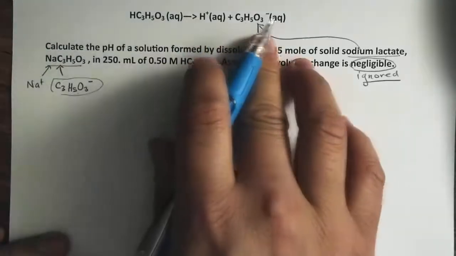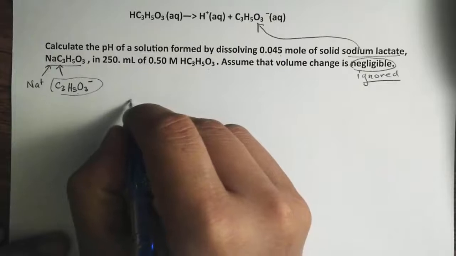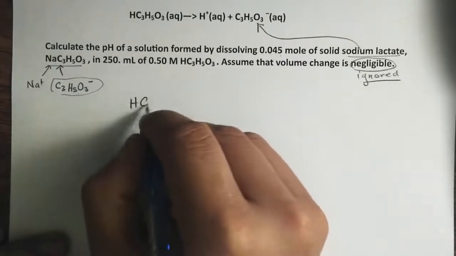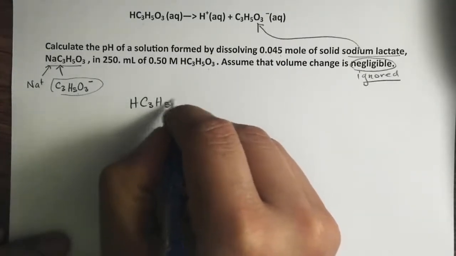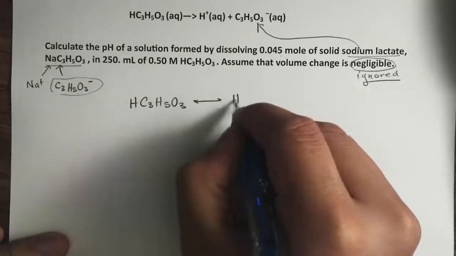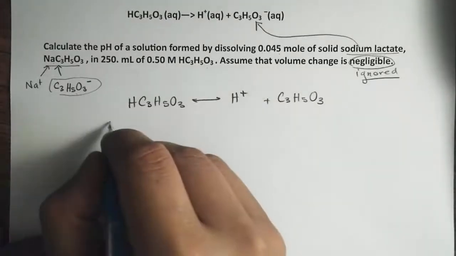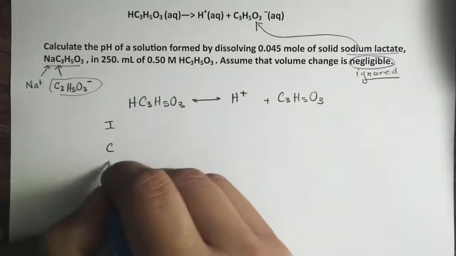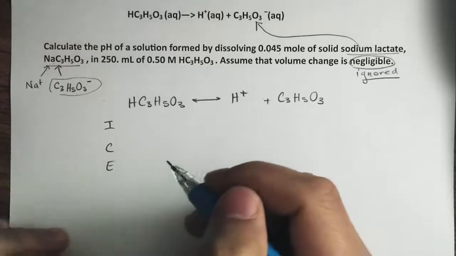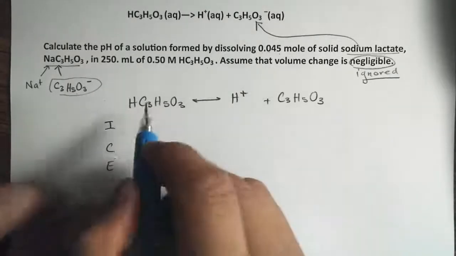So let's rewrite this chemical reaction and set up our ICE table. And of course the ICE table will look like this. Now, we know that this right here is given to us.